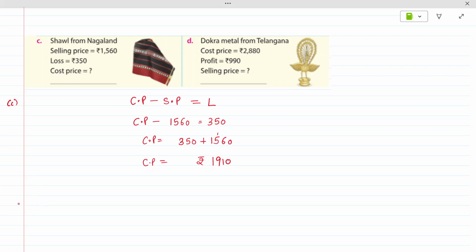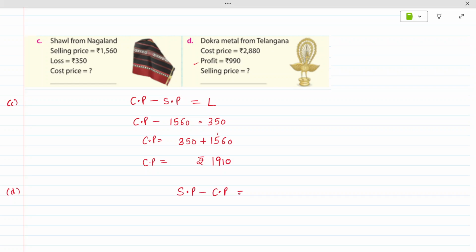Okay, D part kids, I'm doing here. It's a Dokra metal from Telangana having a cost price of 2,880 and a profit of 990. And what we have to find out here is the selling price. Since it's a case of profit, the selling price is greater than the cost price.